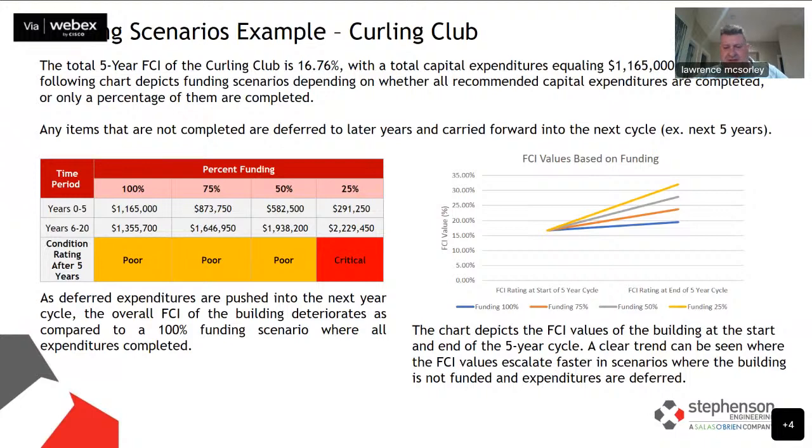So you're usually in scenarios where you may only have 75% of the needed budget that you could put into a building. These are the impacts as you underfund. So at 50% you can still stay in the poor category with any of these three. It's when you hit 25% or less that it really starts to push your building into negative territory.